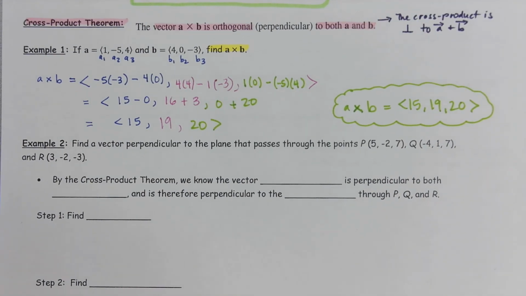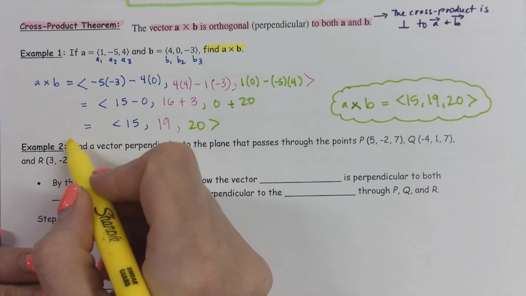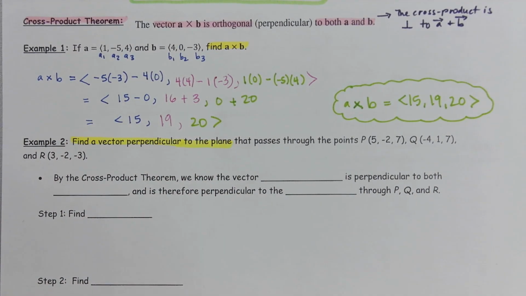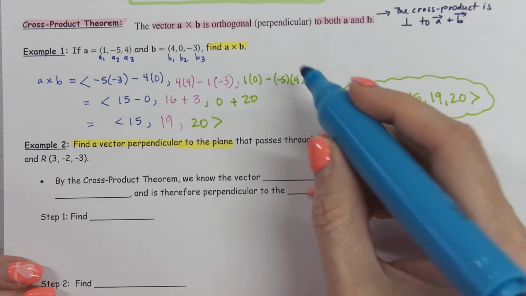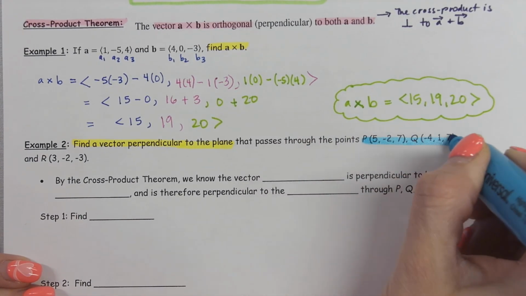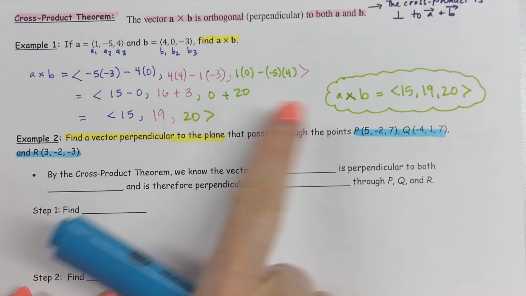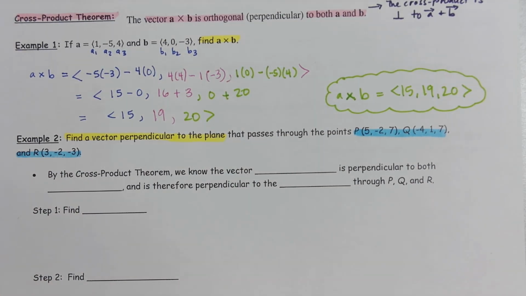Alright, and then for example 2, we're going to find a vector that is perpendicular to the plane that passes through these given points. Okay, so if it's perpendicular to the plane, we are going to use our theorem up here to help us with our steps.